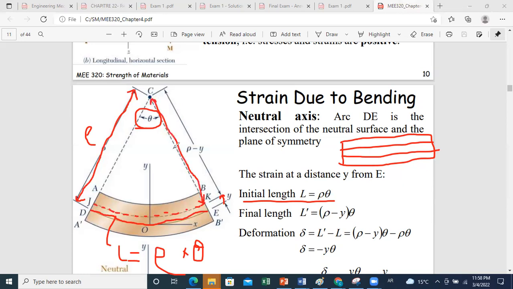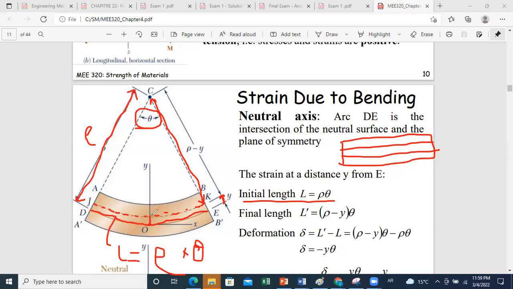And as you can see, this radius can be calculated as the radius of curvature of the neutral axis minus y. We consider y to be the distance from the neutral axis to any level of interest. So we take the neutral axis as the origin, and y is the distance from the neutral axis to any level of interest.